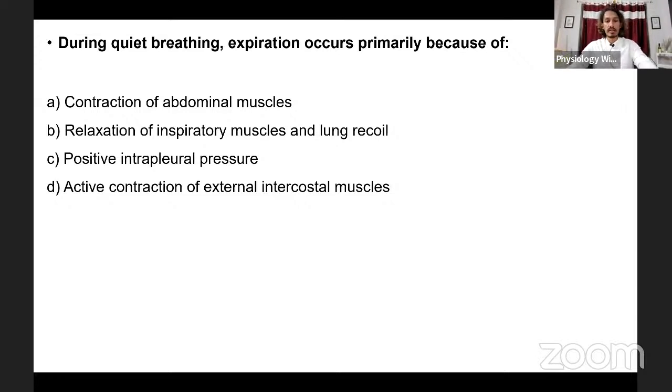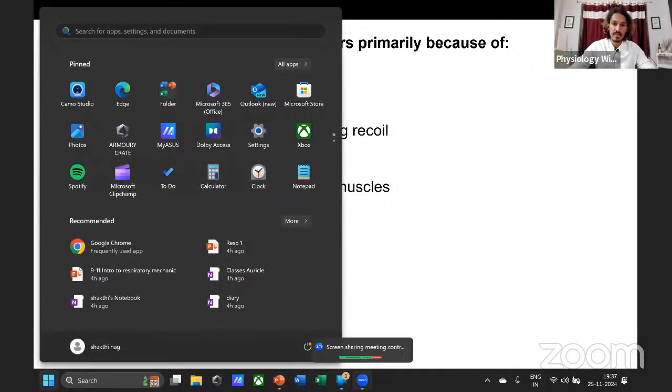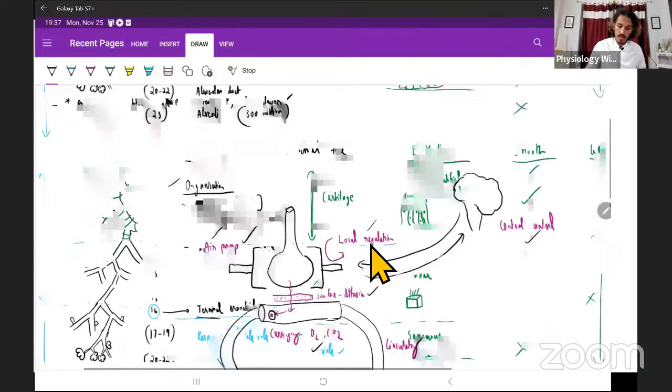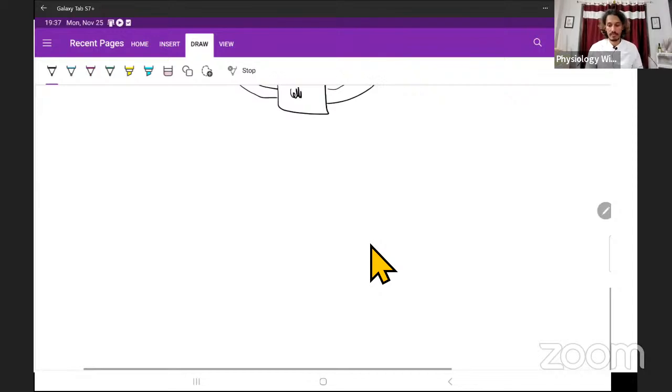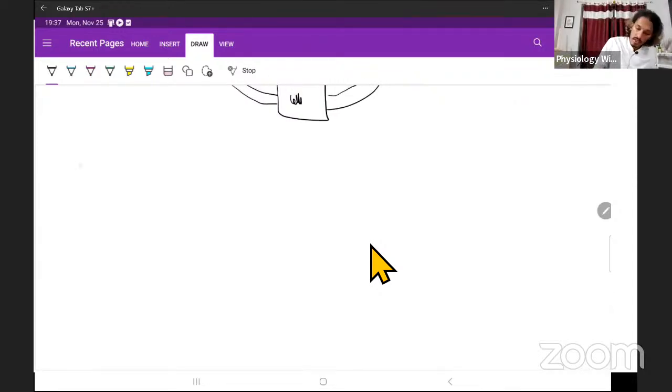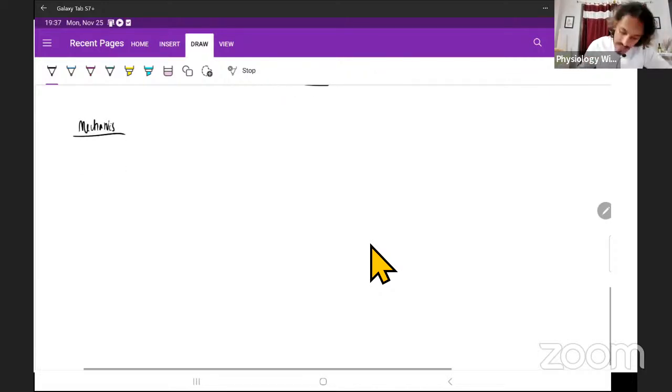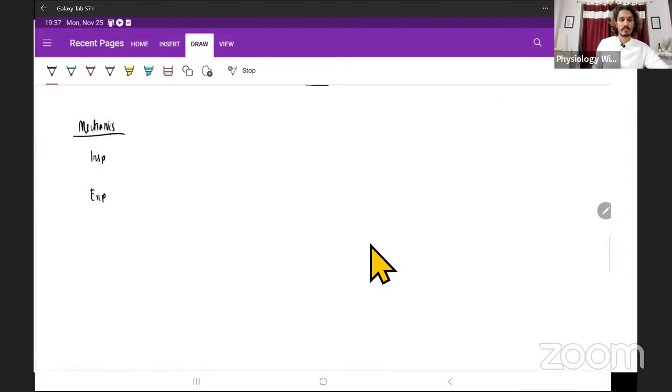Okay. Next, we go to understand certain things about your mechanics. When you talk about the mechanics of respiration, you have to understand what are the muscles involved in inspiration, what are the ones involved in expiration. So inspiration, you can have this normal inspiration, when you don't have to inspire forcefully, normally you inspire.